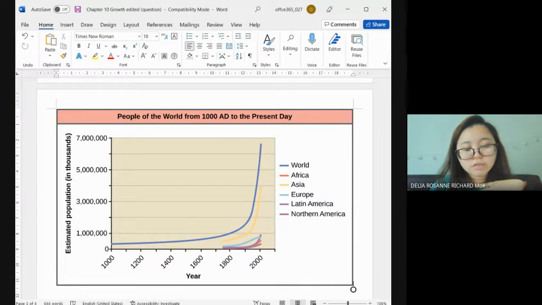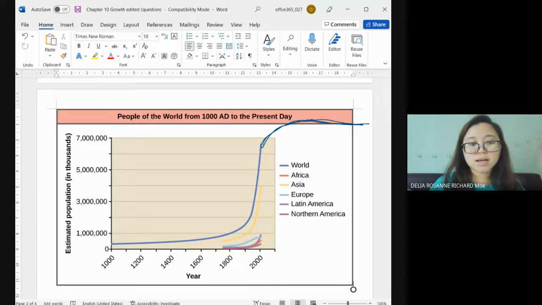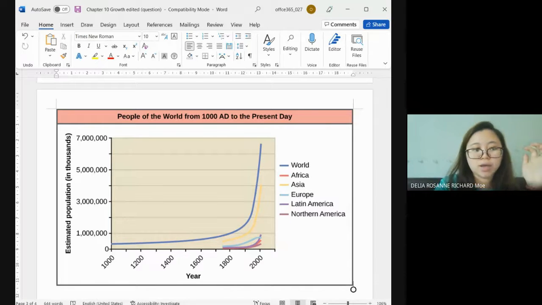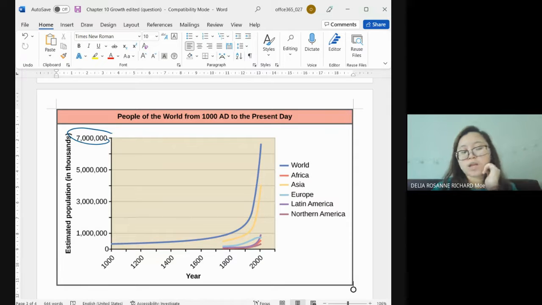I don't know if in the few thousand years from now, will we eventually reach this phase and this phase or not. Okay, mungkin pada masa akan datang, populasi manusia akan berubah graf dia macam ni, tapi buat masa ini kita punya graf masih nampak macam begini. And we are, I think, well over 7 billion people.